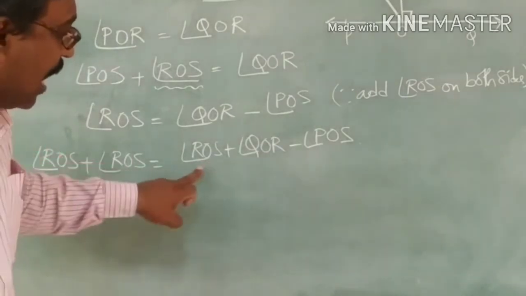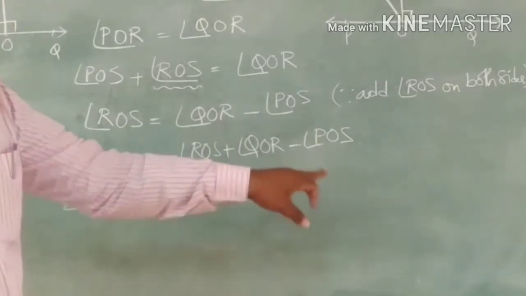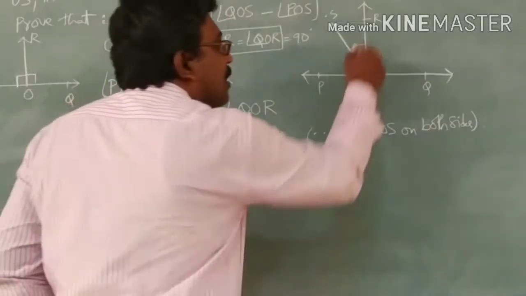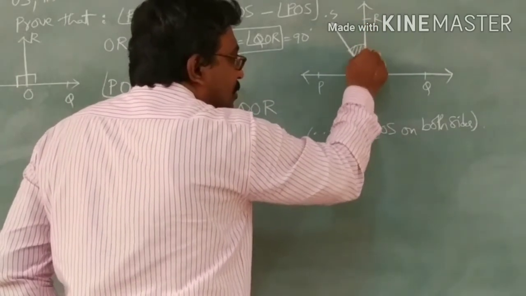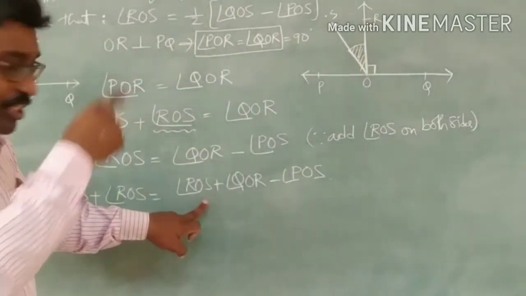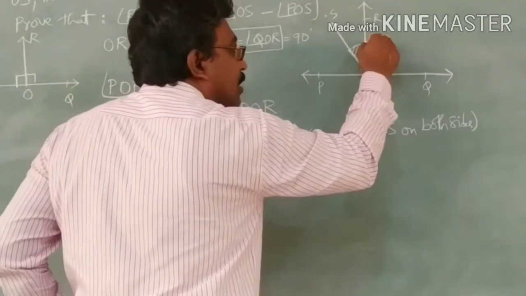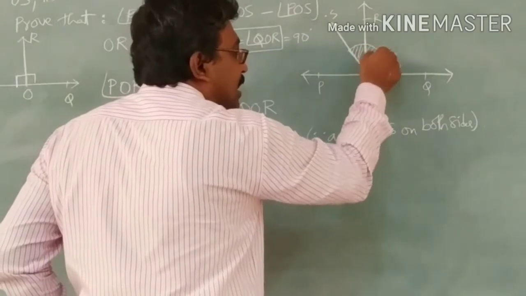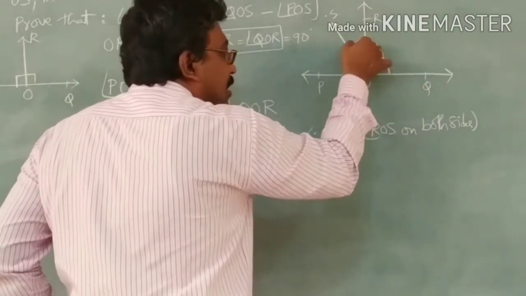Now, I should add these two angles, ROS, QOR. Tell me what is that? ROS, this angle, the shaded part, QOR, this angle, that is 90 degrees. So I mean the full angle.